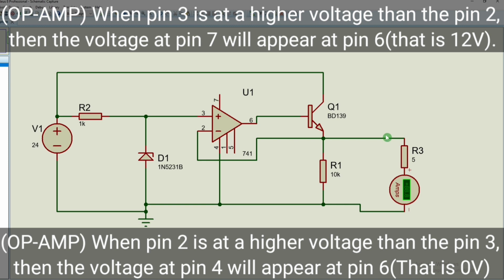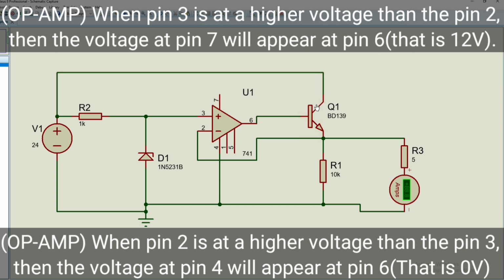And when it reaches 5 volt, then 5 volt appears over here and 5 volt appears over here. So the output will be 0, because the moment it increases past 5 volt, the voltage at the negative terminal will be higher, and the output will be 0 from the functionality of this comparator.